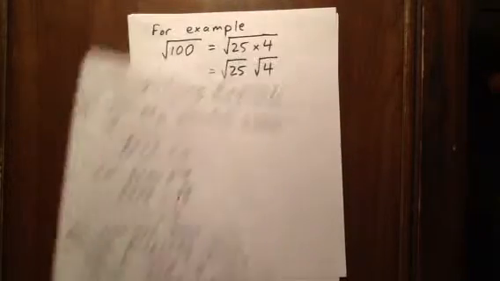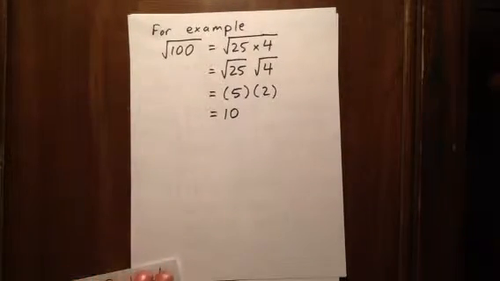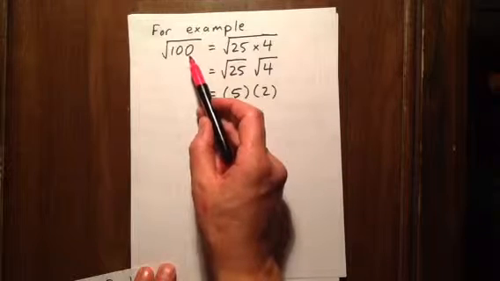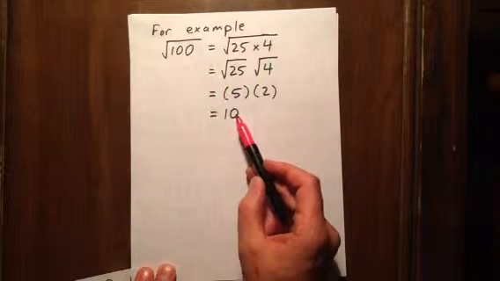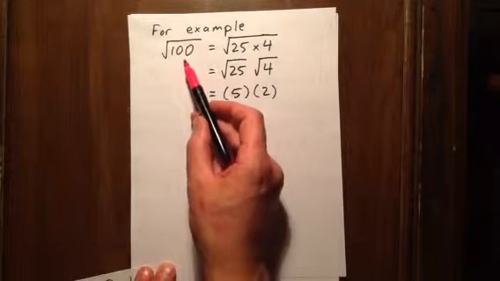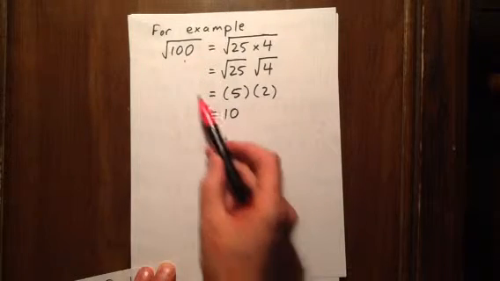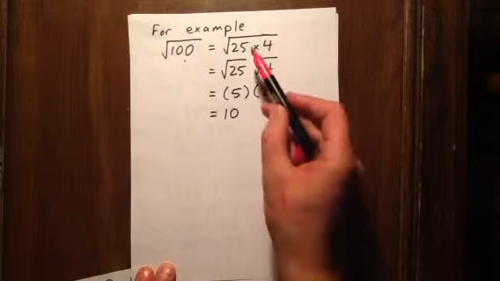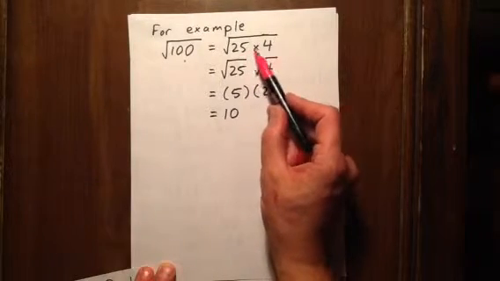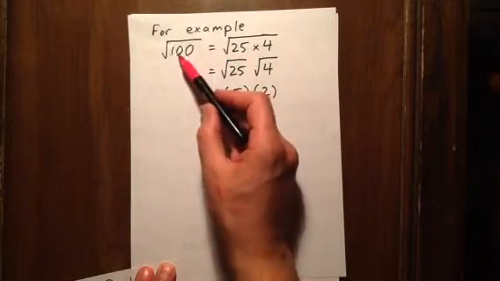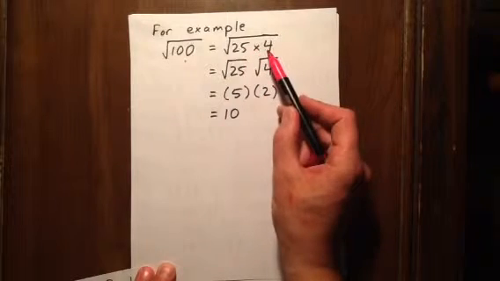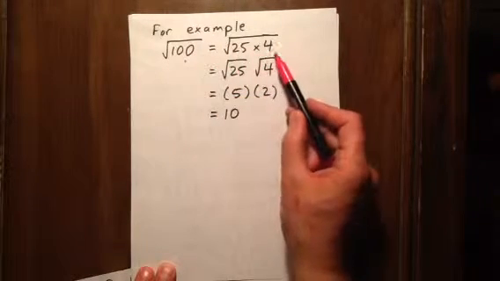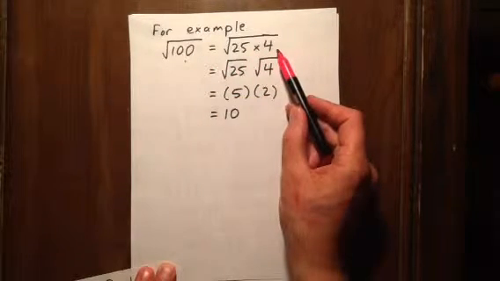And just to show you an example of that in practice, we know that the square root of 100 is 10. We can probably do that in our head, because since 10 times 10 is 100, then the square root of 100 is 10. But to show you that we're allowed to break it apart like that, let's do it. We know that 100 is 25 times 4, so the square root of 100 is equal to the square root of 25 times 4.